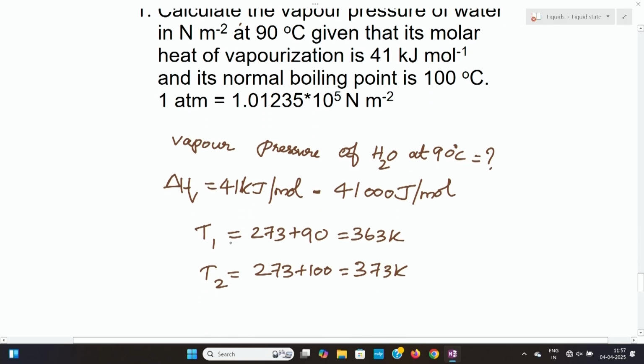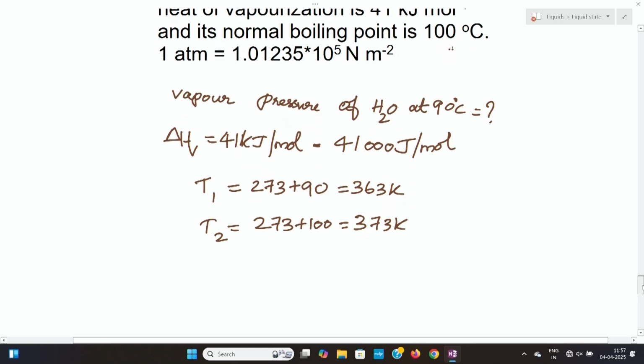It is given that its normal boiling point is 100 degrees Celsius. So at 100 degrees Celsius means 1 atmospheric pressure. Therefore P2, at 100 degrees Celsius, is 1 atmosphere, then P1 we have to find out.